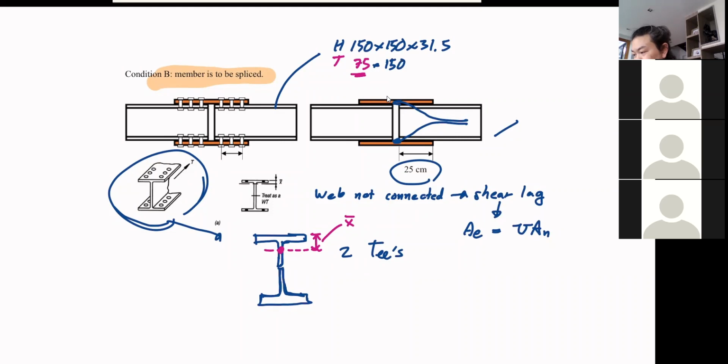And because the last one is cut in half, the weight should be reduced in half, so this should be like 15.75 or 15.8. So you go take a look at the T and you find the X bar from the table, you can carry on. And in this case, the X bar is equal to 1.37 centimeters. Okay. Is there any question, ladies and gentlemen?